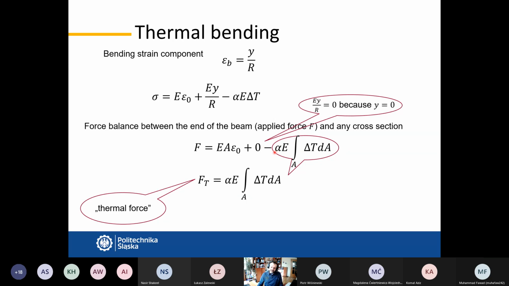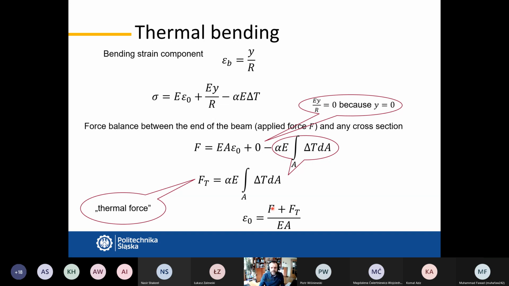This factor, similar to the previous case, we can name as a thermal force, which is generated here. As before, we have the temperature distribution across the section. Previously it was symmetrical. Now there is any distribution of temperature across the section.